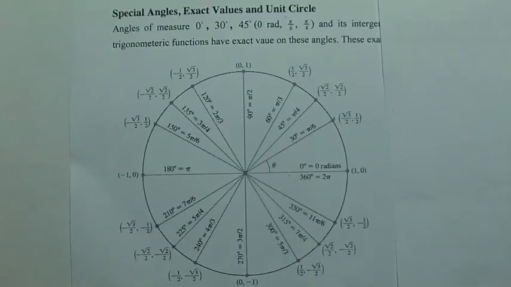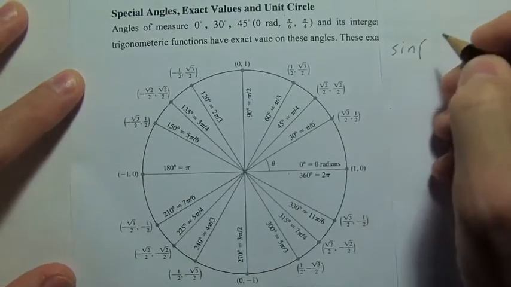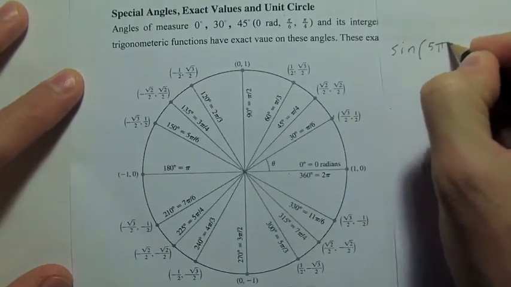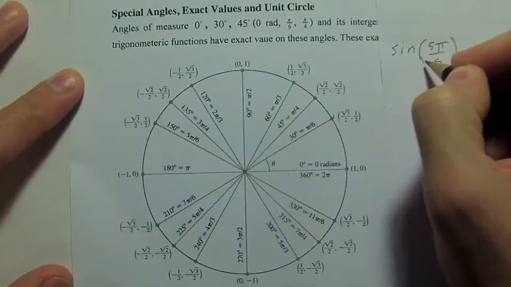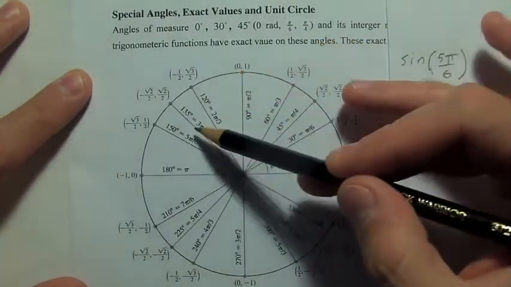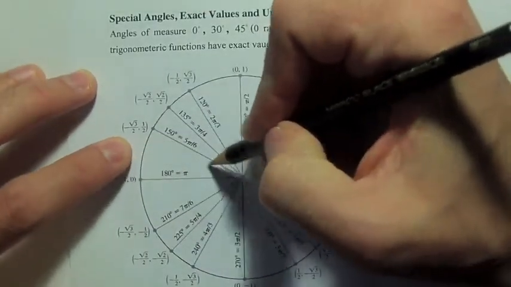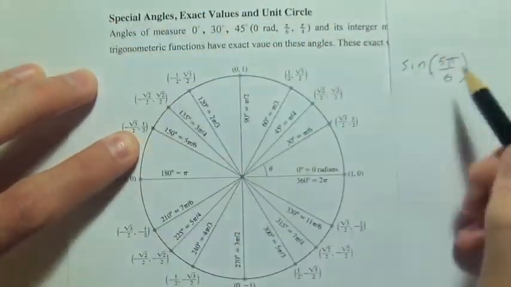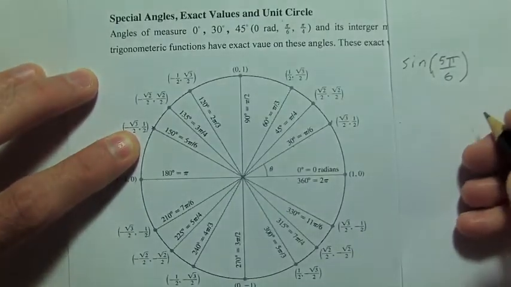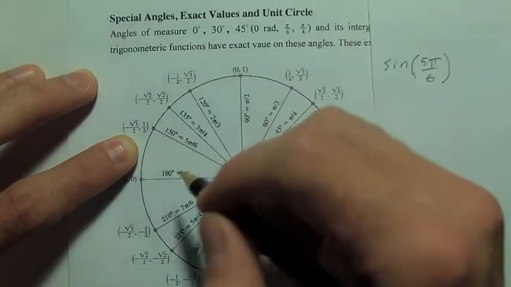So, for example, if I wanted to find sine of, let's say, 5 pi over 6, using the unit circle, I would go and look for 5 pi over 6, which is right here. Then remember, our definition of sine is the y-coordinate.